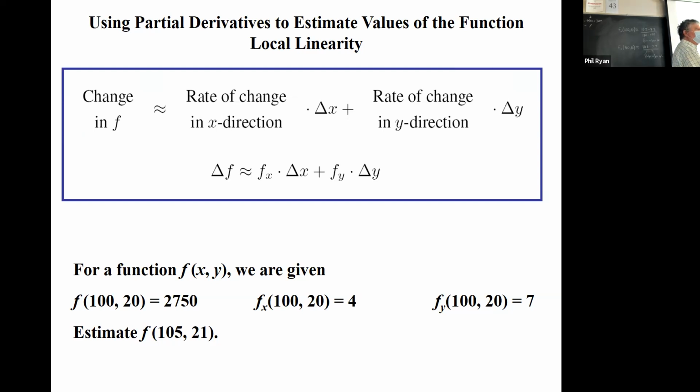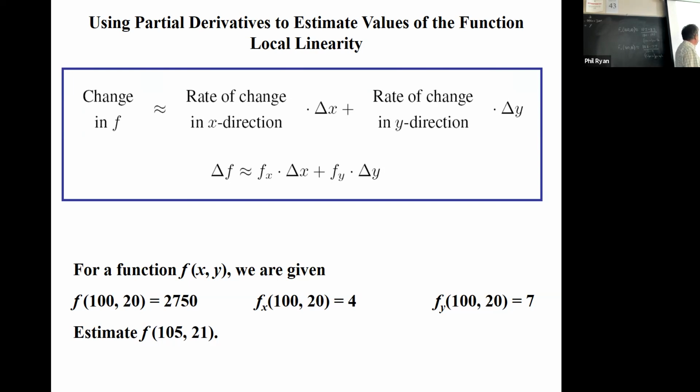So we're going to add 27 more. So we estimate that this is going to be 27 greater than that.